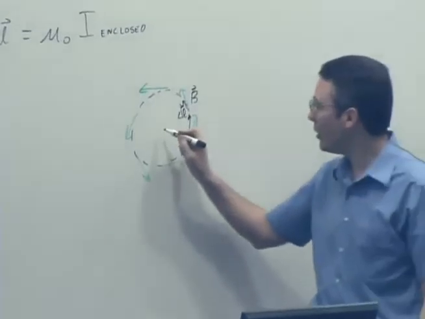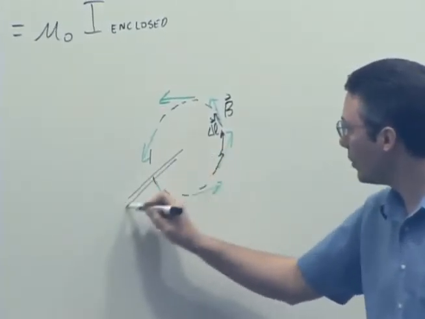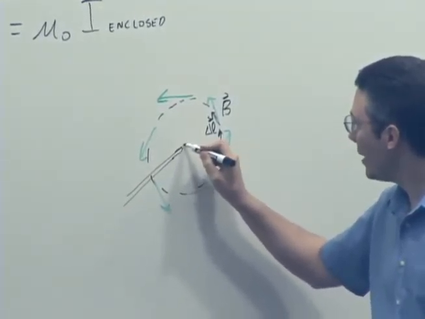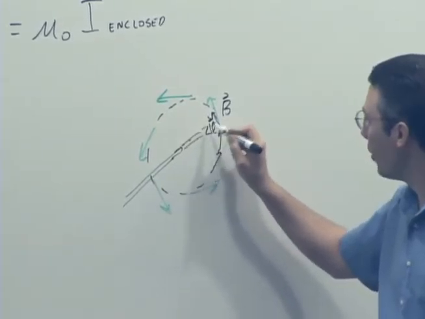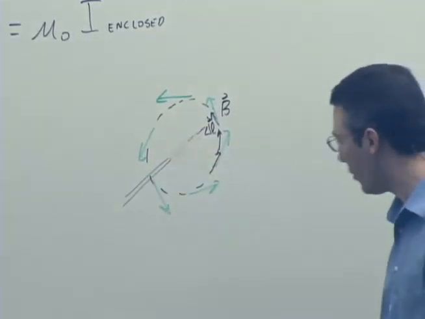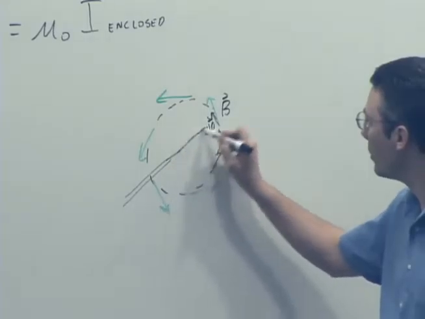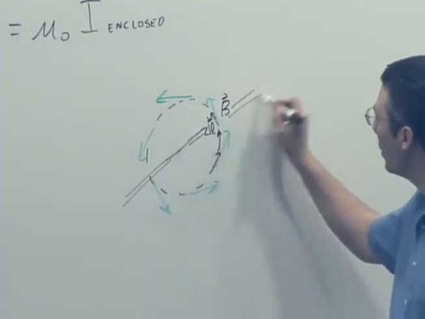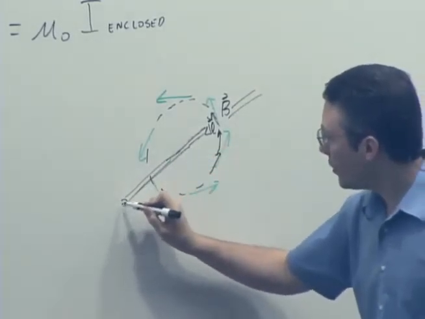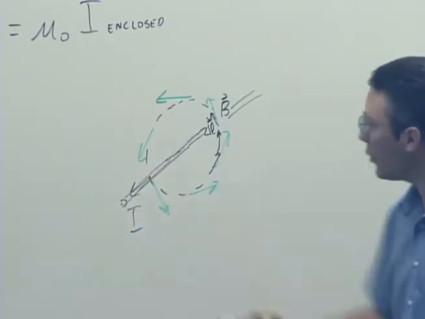That's telling you that there is a current passing through the center, or not even necessarily through the center, just somewhere in this loop. But for this symmetric arrangement, it was the center. And so that was conventional current coming out towards us.